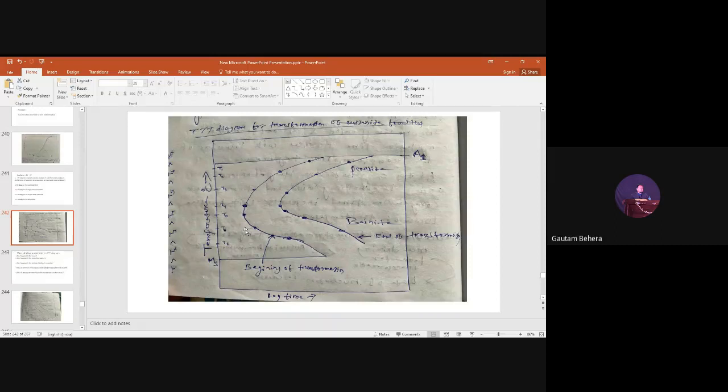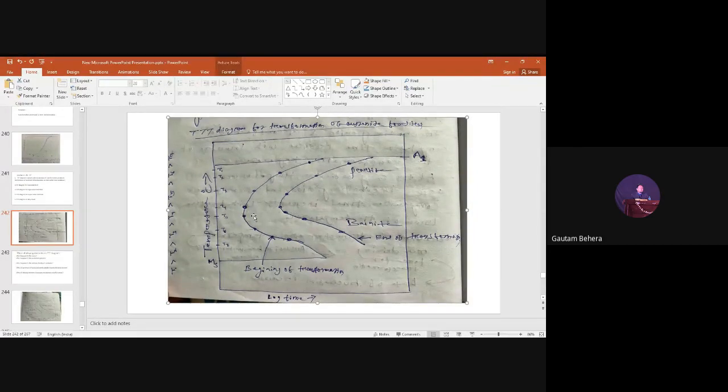if you add other alloying elements, the nose of the C-curve will start shifting towards the right side. Except cobalt, other alloying elements shift the nose of the C-curve towards the right.